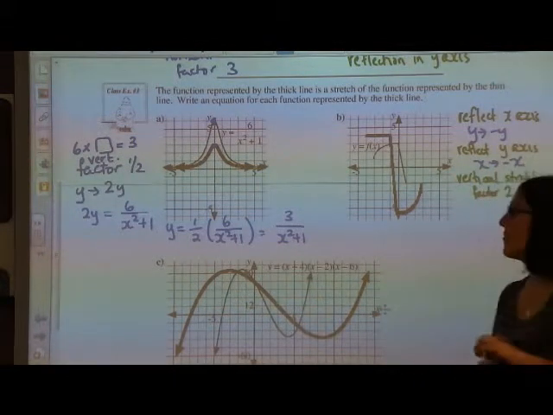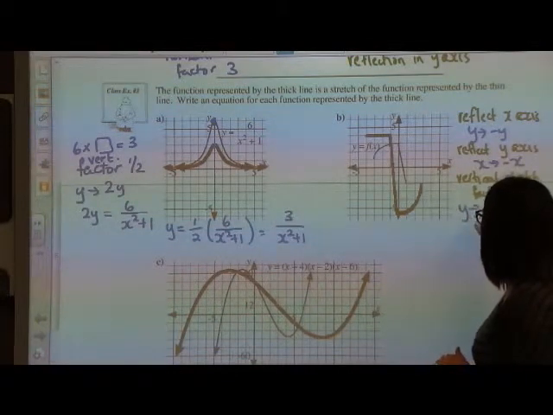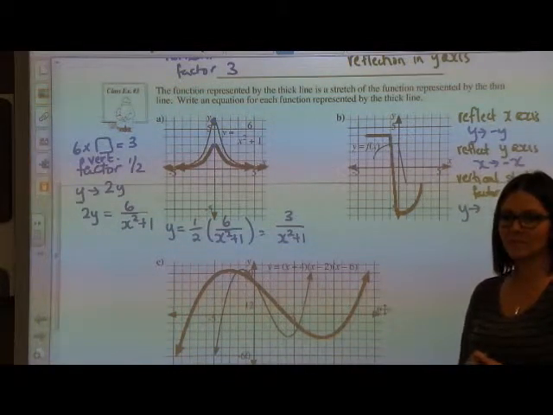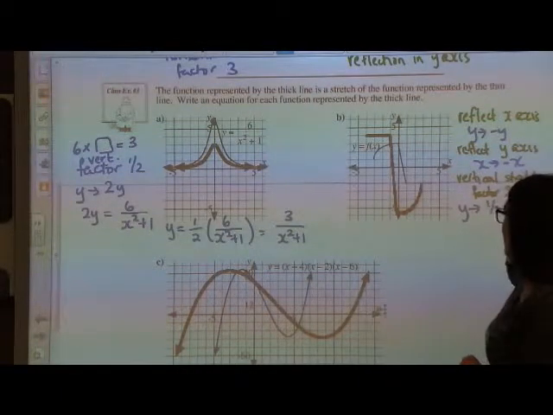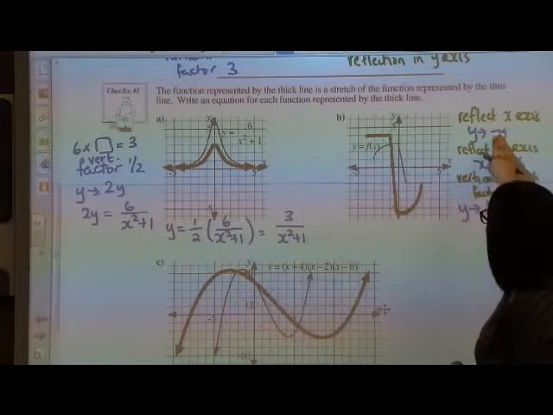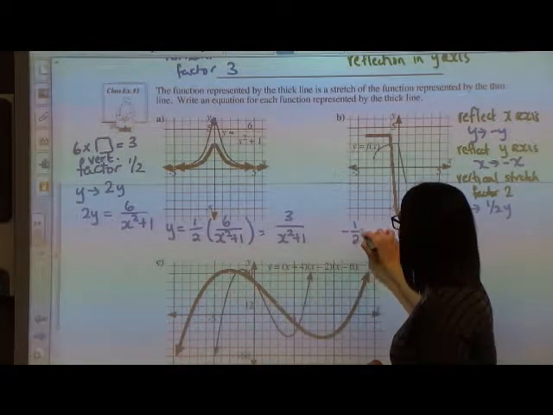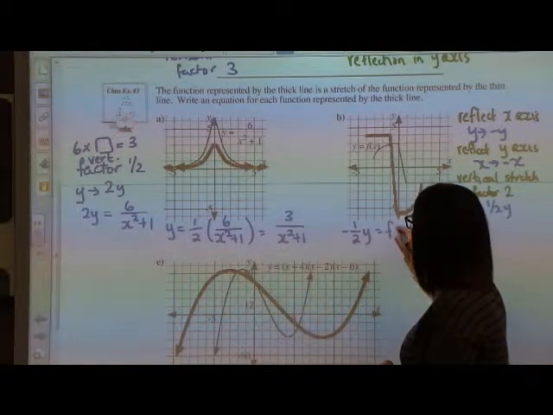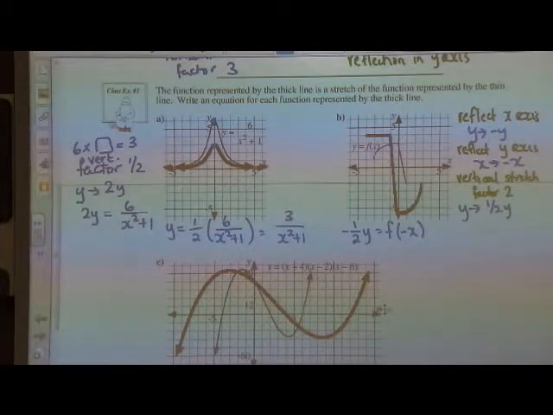And if I do a vertical stretch by a factor of 2, I replace y with what? 1/2. So then my equation becomes, I can combine my negative y and my 1/2 to get negative 1/2 y equals f of negative x.